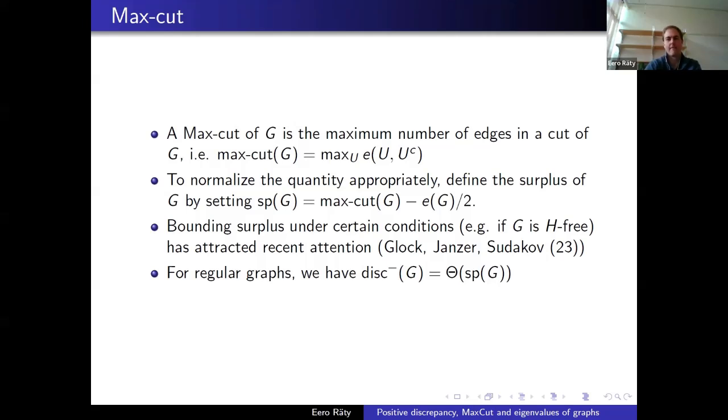By a standard random argument, we know that there exists a cut with at least half of the edges in it. But we want to avoid the trivial bound, so that's why we consider instead the surplus, which is MaxCut minus half of the edges. And we ask how large the surplus can be, because this surplus is, for example, for random graphs, again root d times n, so in general a lower number than the number of edges, which makes considering this normalized quantity much more sensible.